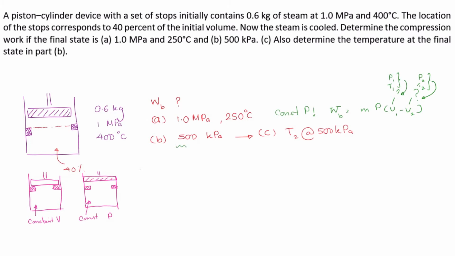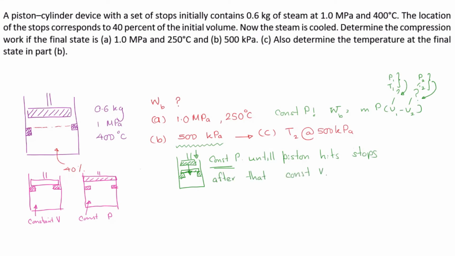In part B, our pressure is lower than starting pressure. So we had a constant pressure process when the piston is moving towards the stops. And after we reached stops, the piston stops and it's a constant volume process. For a constant volume process, we don't have any boundary work.